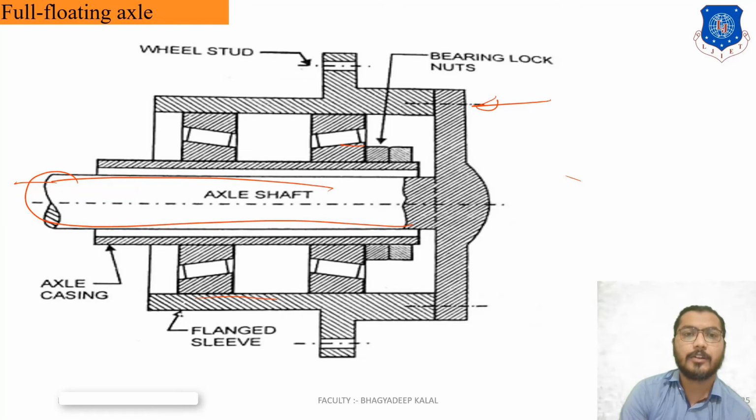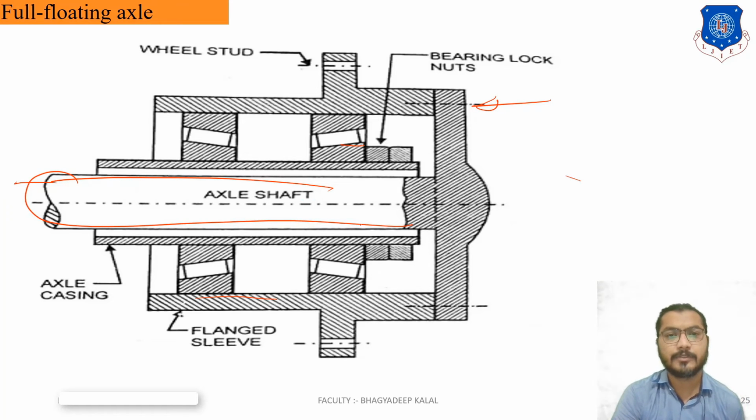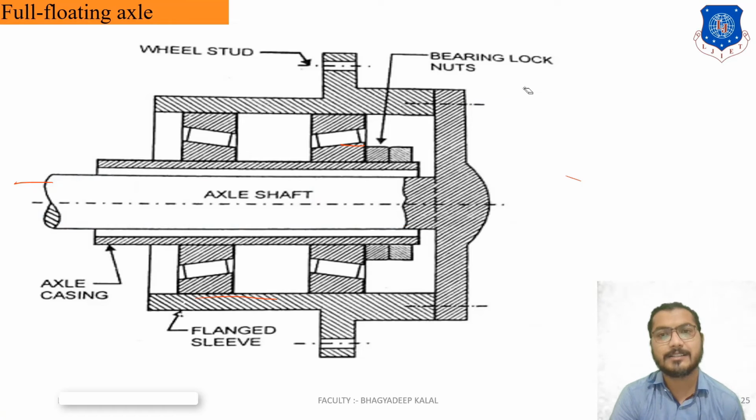In that axle, only driving torque is borne by the axle shaft. That's why other loads do not come on that axle shaft. That means if the axle fails or is broken during running condition, or whatever condition, it does not impact the vehicle.